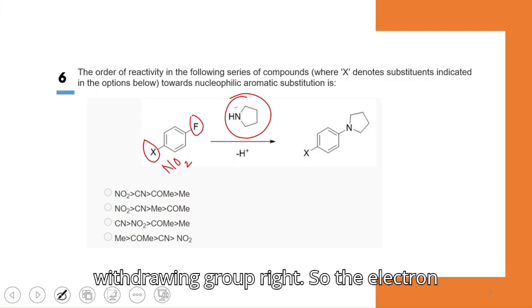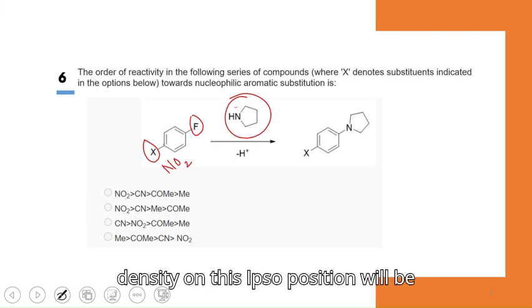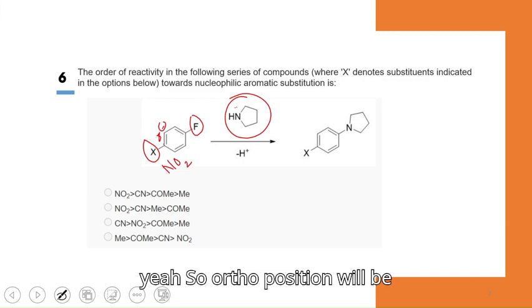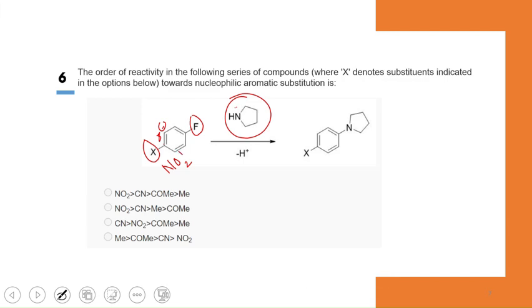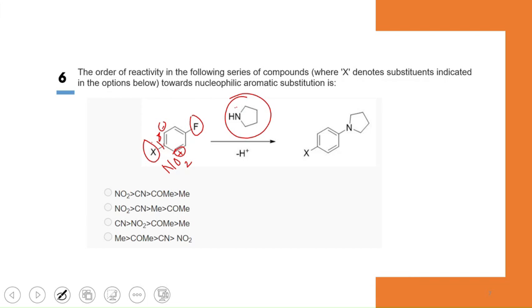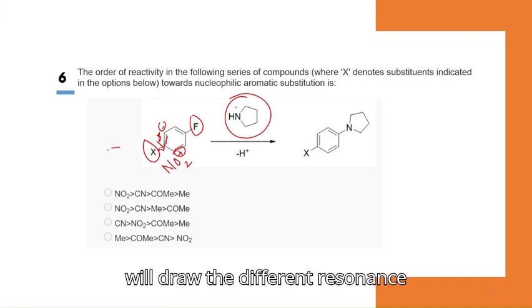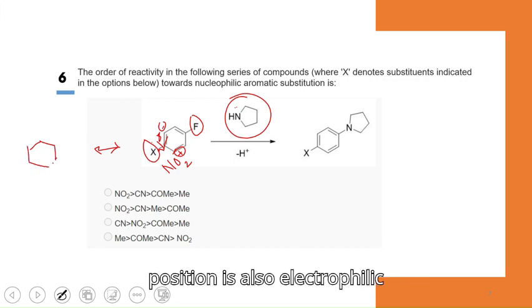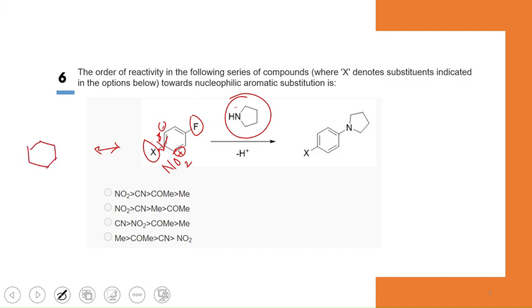It is an electron withdrawing group, so the electron density on this ipso position will be low, so ortho position will be electrophilic. And similarly, if we draw the different resonance structures, we will find that para position is also electrophilic.